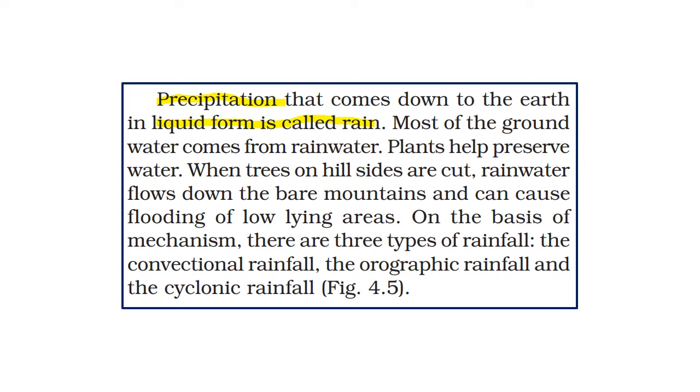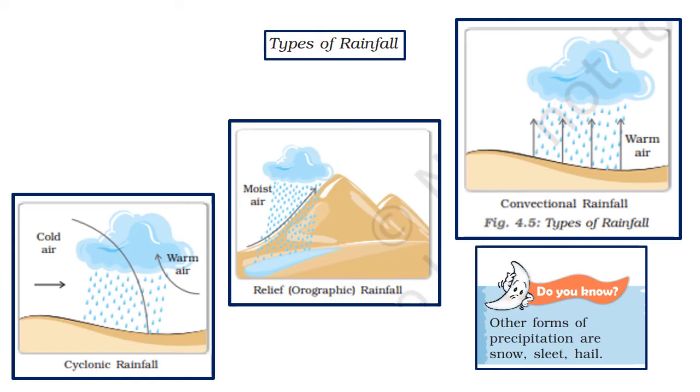On the basis of mechanism, there are three types of rainfall. Which are the three types? The convectional rainfall, the orographic rainfall, and the cyclonic rainfall. We will see in the diagram. First, convectional rainfall.